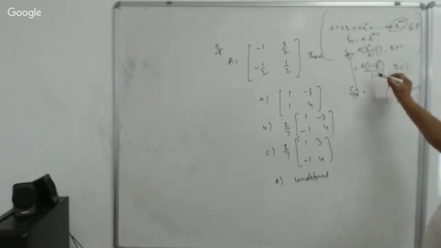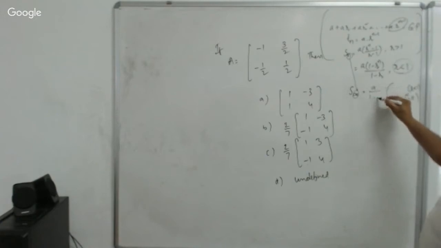Therefore that term becomes 0, and we get the formula A by 1 minus R. Very good. Here R is called the common ratio.